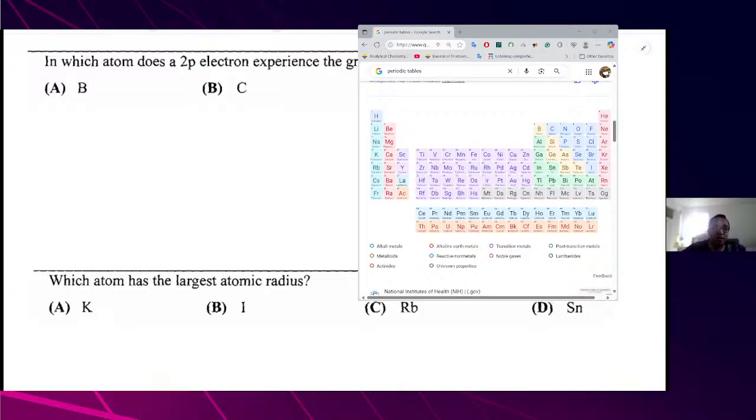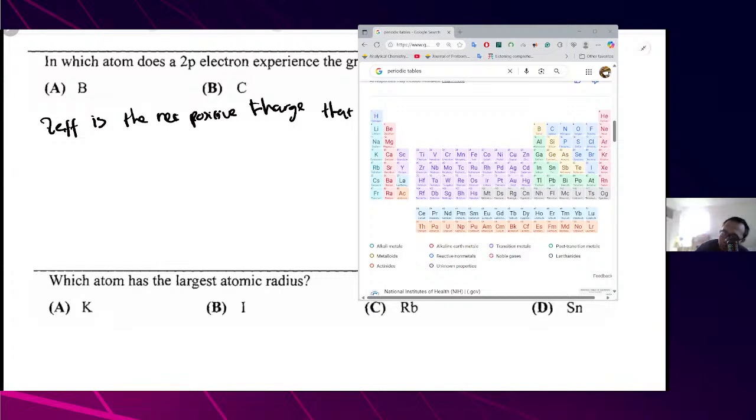We need to know the concept behind Zeff. Zeff is the effective nuclear charge, the net positive charge that an electron feels from the nucleus.